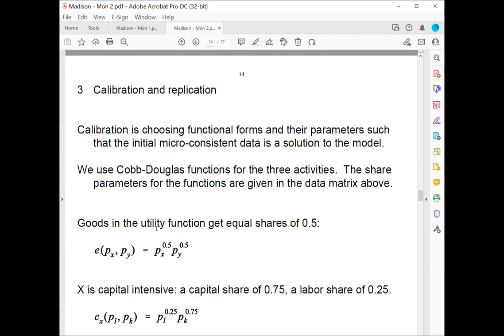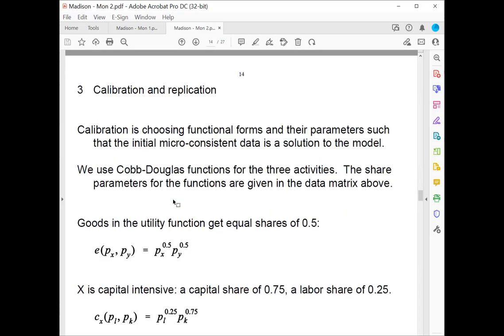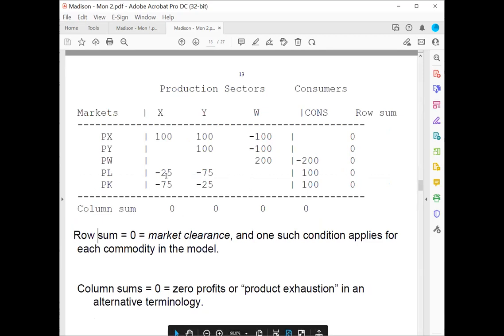So the calibration of the expenditure function is PX to the 0.5, PY to the 0.5. These shares for X and Y give the exponents for the unit cost functions for X and Y. X is capital intensive in standard terminology.